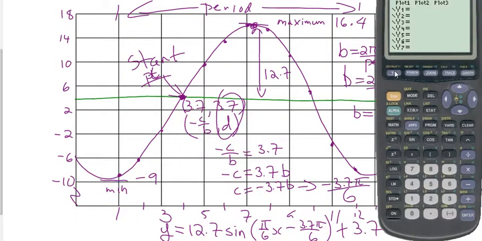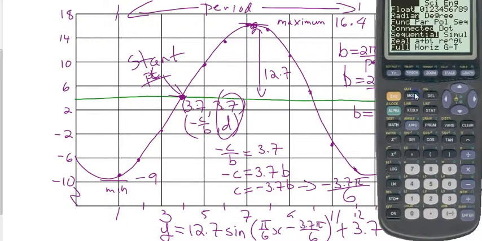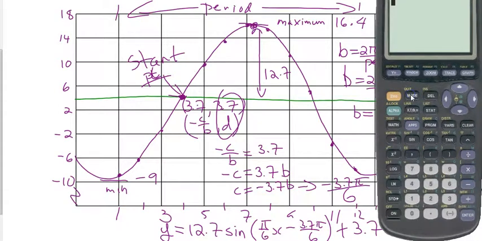We're going to calculate. Y equals, so 12.7, sine. Mode, radians, just making sure I'm in radian mode. 12.7 sine, pi divided by 6 x minus 3.7 pi divided by 6, close bracket, plus 3.7.